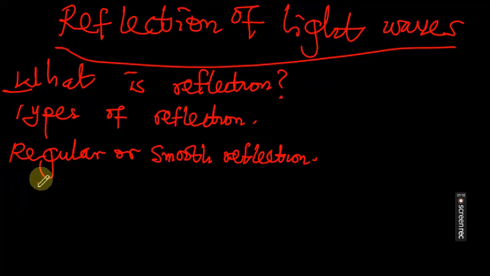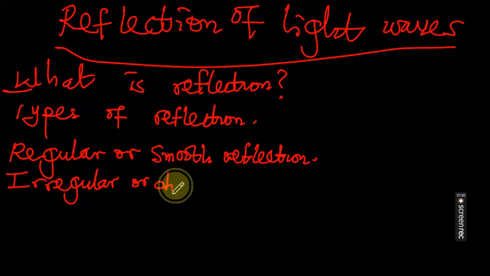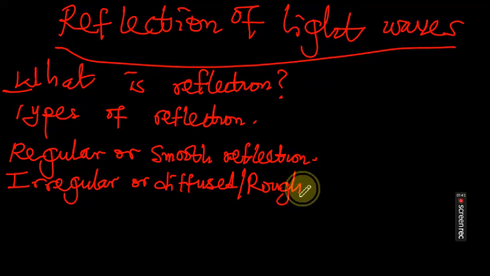Then we have the irregular, or diffused, or rough reflection. So I use rough in the sense that diffuse reflection or irregular reflection takes place on a rough surface, e.g. the surface of a book, while the regular reflection takes place on a very smooth surface, e.g. the surface of a plane mirror.